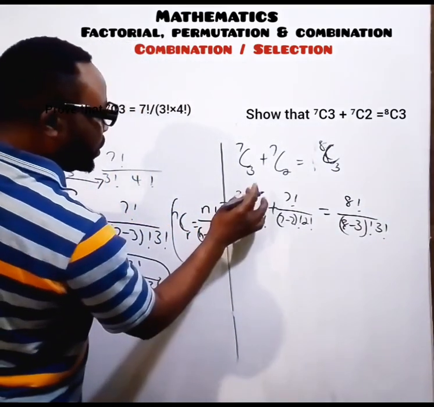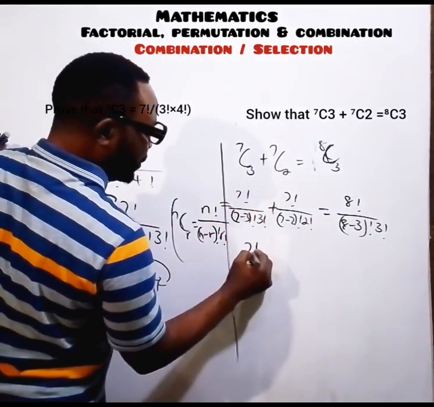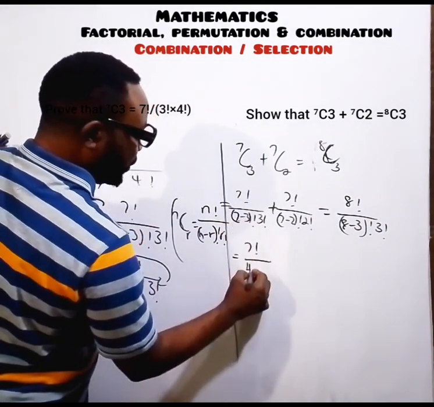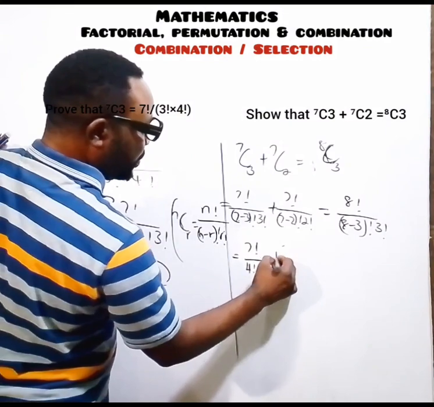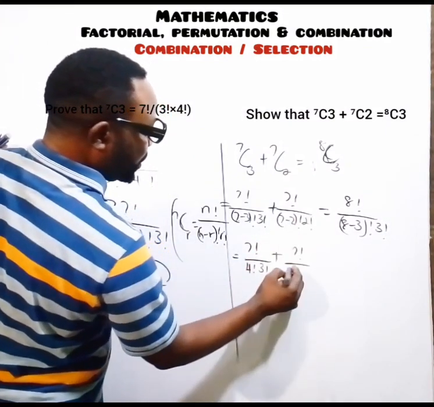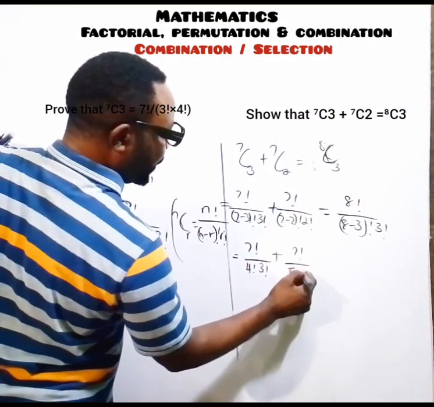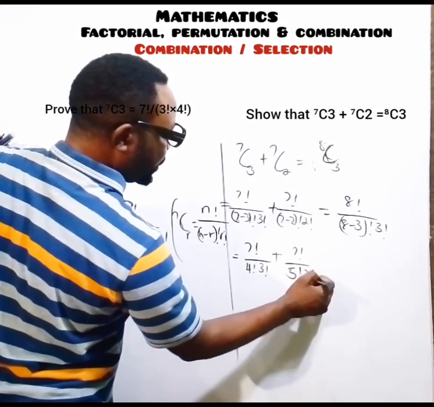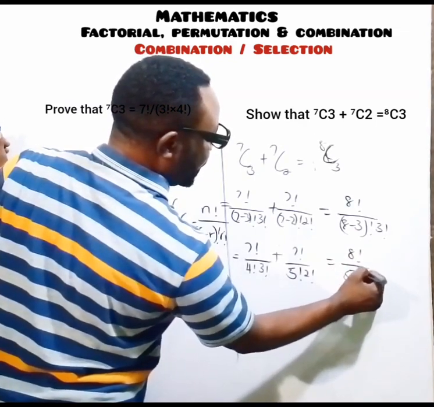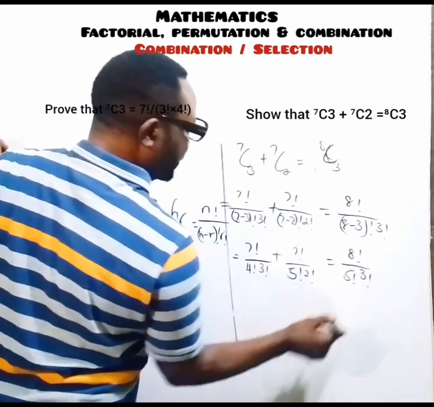So this becomes 7 factorial all over 4 factorial 3 factorial, plus 7 factorial all over 5 factorial 2 factorial, which is equal to 8 factorial over 5 factorial 3 factorial.